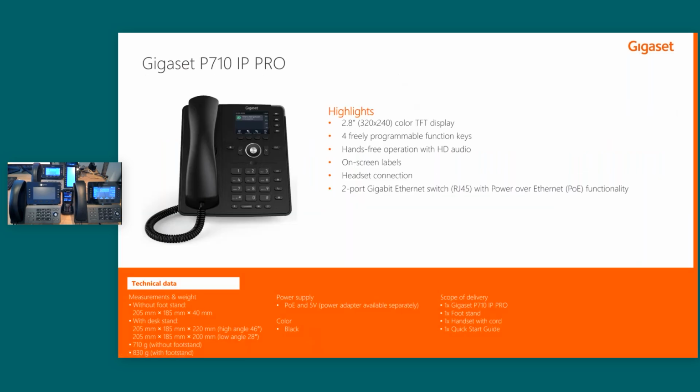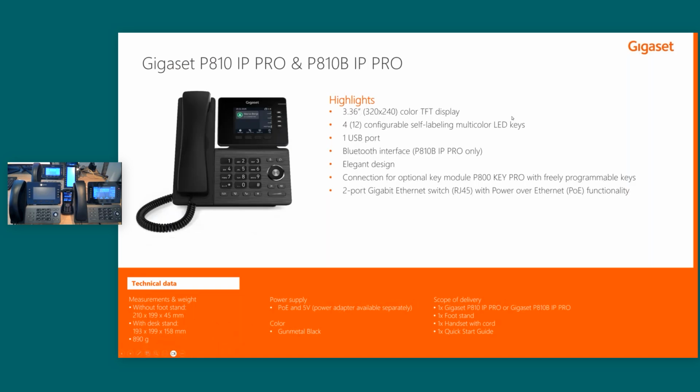The P710 is the start on the lower end with a small 2.8 inch display and 4 programmable keys. The first device in the new look and feel is then the P810.